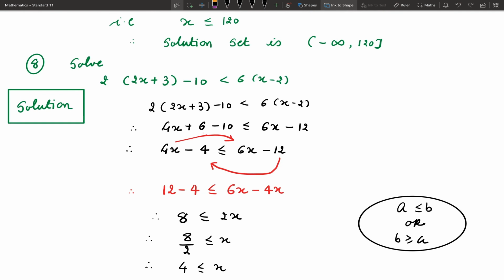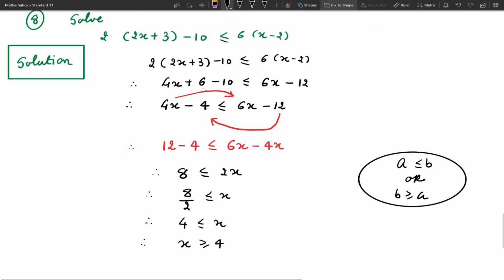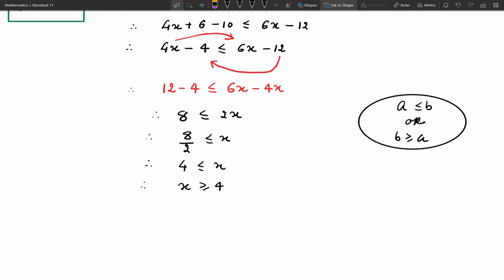here we use slack inequality. For practice you can use strict inequality, and therefore the solution set is close 4 to infinity.